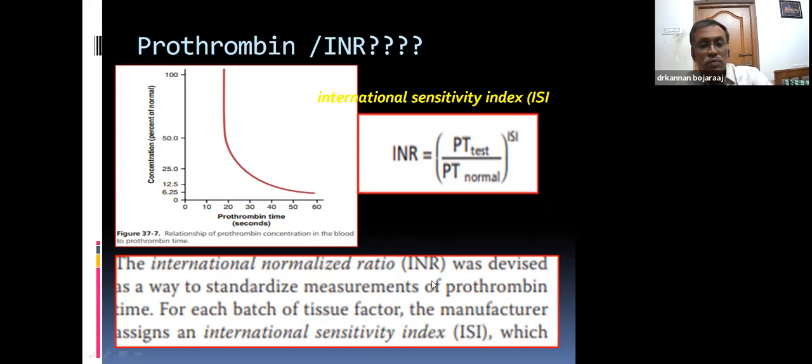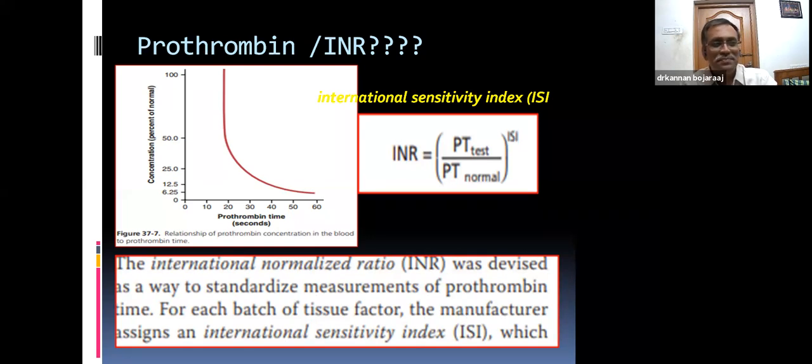We have to come to the point of standardization in measuring the prothrombin time, because each batch of tissue factor is assigned an international sensitivity index, that is ISI. And how is the prothrombin time measured in the lab?